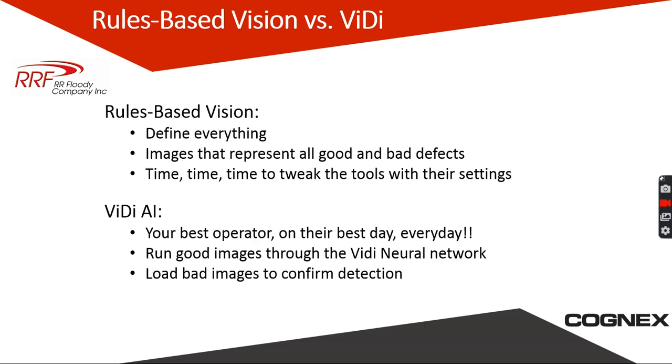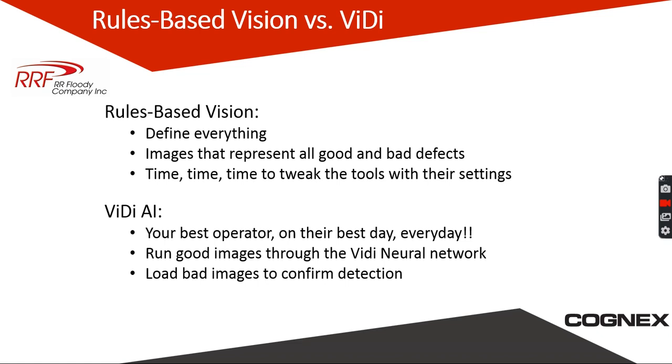When we talk about ViDi, the first place we like to start is the difference between rules-based vision, which we're all familiar with, and the standard way of doing vision, and then the artificial intelligence or the ViDi way of doing vision. They're just 3 different bullet points for each one. In rules-based, everything has to be defined, images that represent good and bad, and then really a lot of time adjusting thresholds and histograms and getting it to where you've got an acceptable yield, at the same time rejecting all the bad ones that you want.